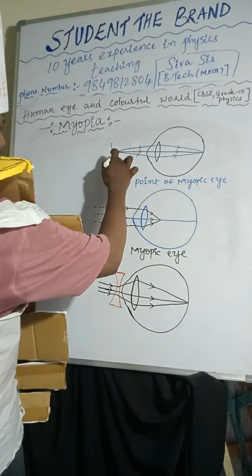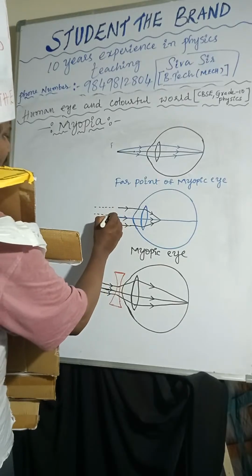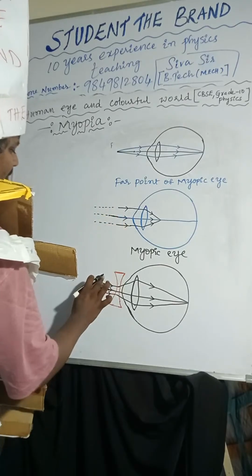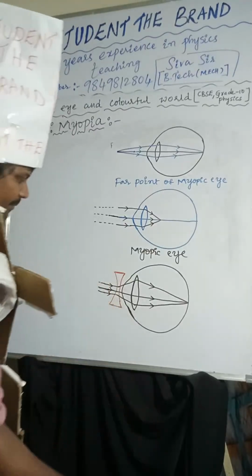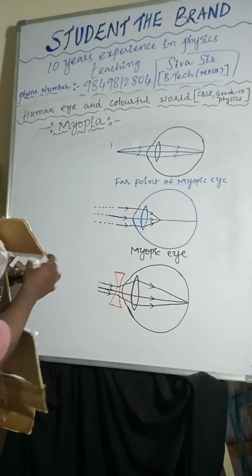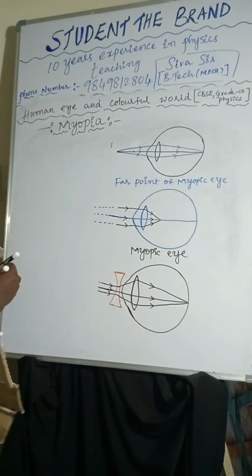Where is the far point? Here far point. Where the far point is meeting, their image will form. So we are extending these light rays until here.